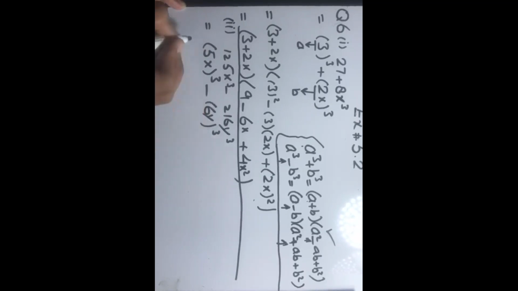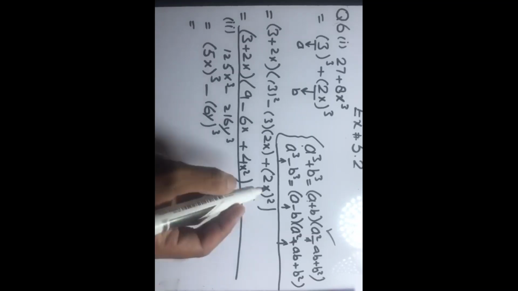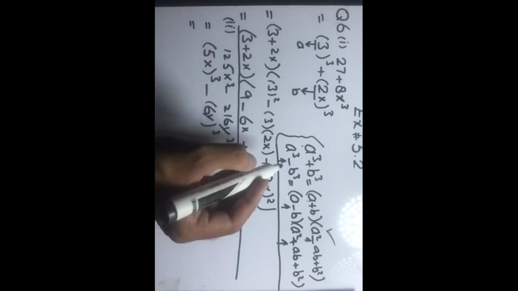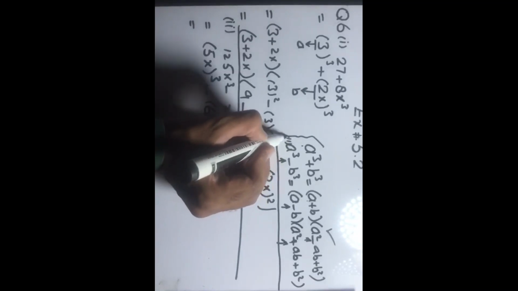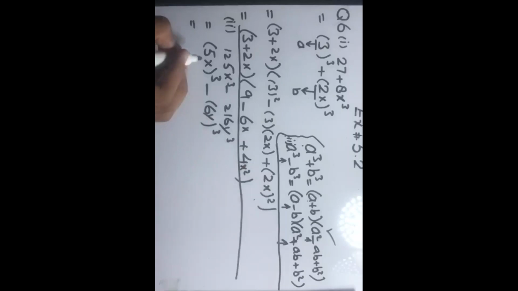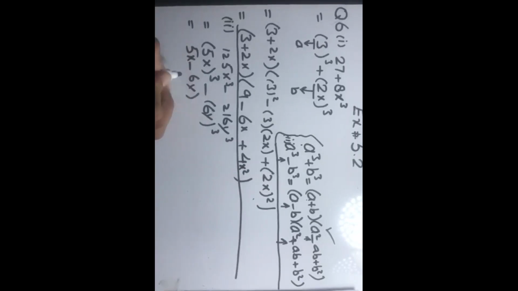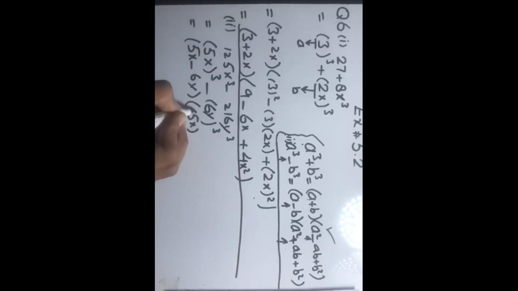As 5x behaves like a and 6y behaves like b, and the sign is minus, we use the second formula. In the second formula, a minus b, 5x minus 6y into 5x square.